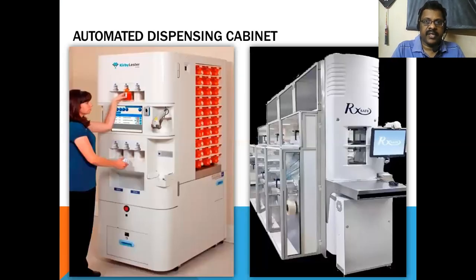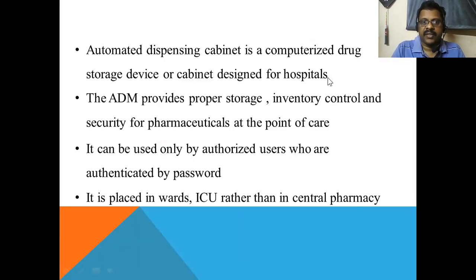And automated dispensing cabinets. Here you can fill in the patient's details, and you can type or scan the barcode of the prescription, and you can collect the medicine from the automatic medicine dispensing machine. An automated dispensing cabinet is a computerized drug storage device or cabinet designed for hospitals.